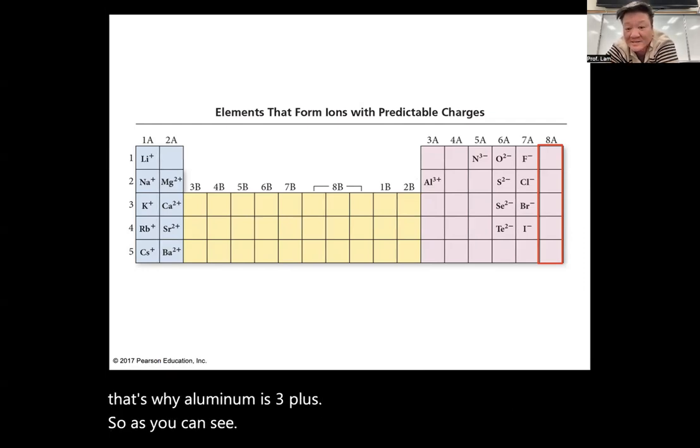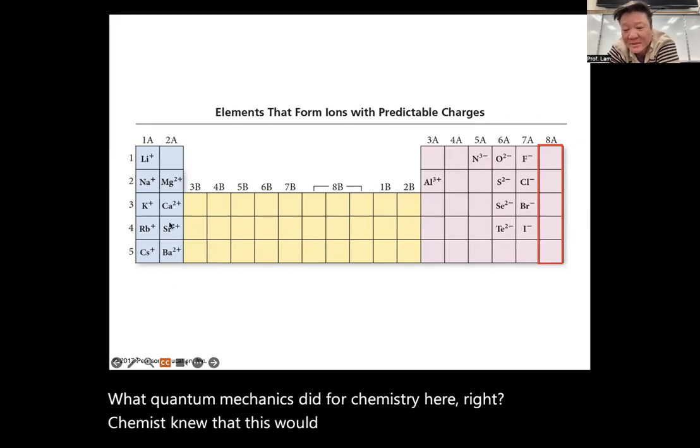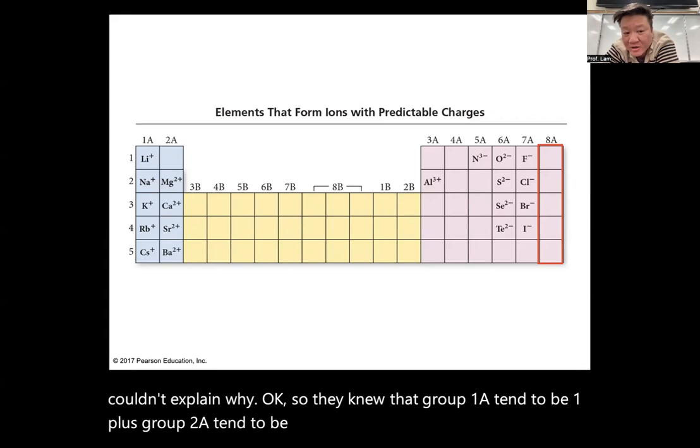what quantum mechanics did for chemistry here, right? Before, chemists saw the pattern, but they couldn't explain why. So they knew that group 1A tend to be 1+, group 2A tend to be 2+, but they couldn't explain why.